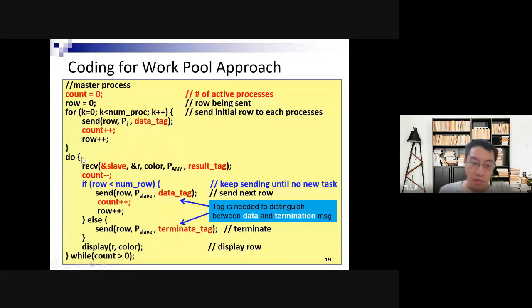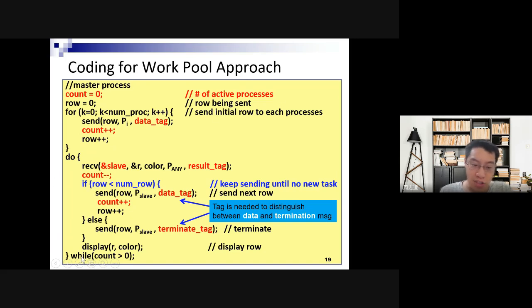Okay. If the count number is larger than 0, it means some of the slaves are holding some task and haven't returned the result yet. So we have to call the receive function to wait for the results, right? Only after you receive the results, there's no more task to dispatch and no more count, right? No more active process exists.